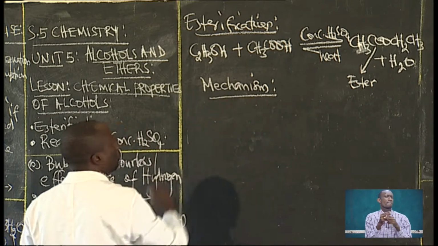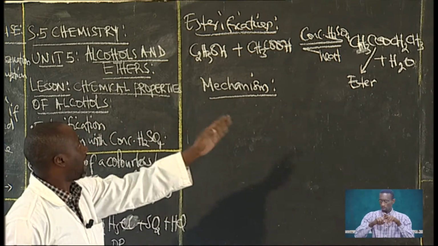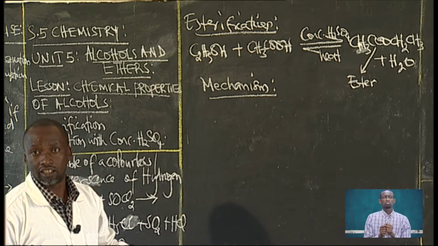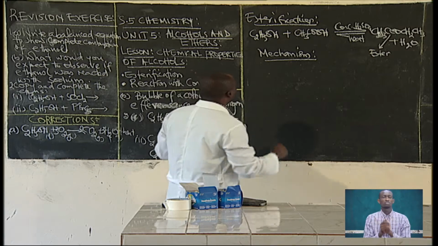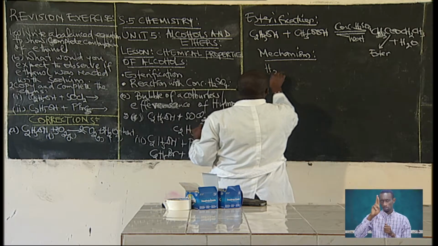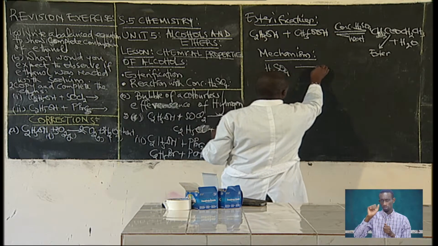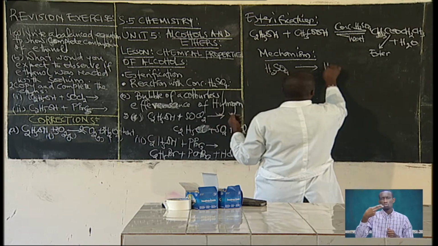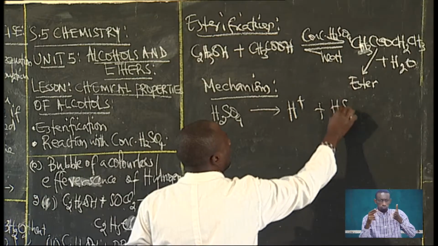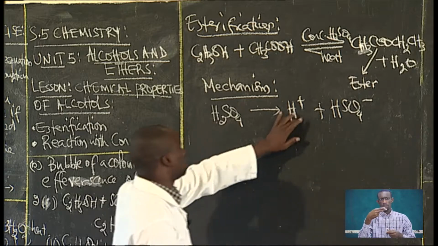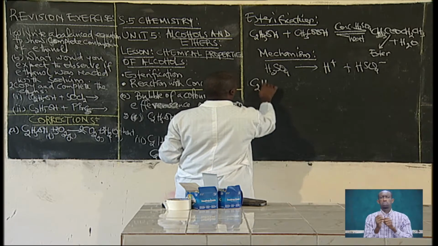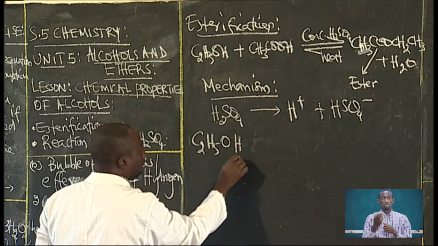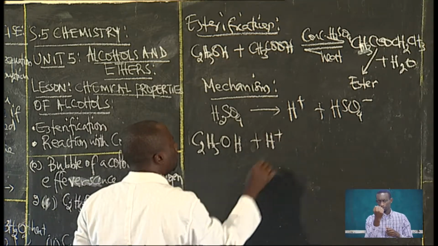So we have the protonation, the sulfuric acid protonating the alcohol. So we call it a protonation reaction. The sulfuric acid first will ionize to form the hydrogen ions and the hydrogen sulfate ions. These hydrogen ions protonate the alcohol. So we have C2H5OH plus the hydrogen ion.